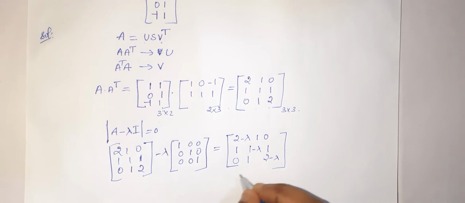We get this matrix as the resultant matrix. Now find the determinant to find the eigenvalues.